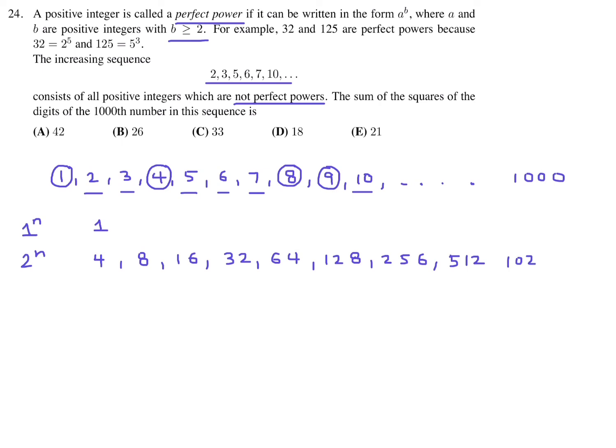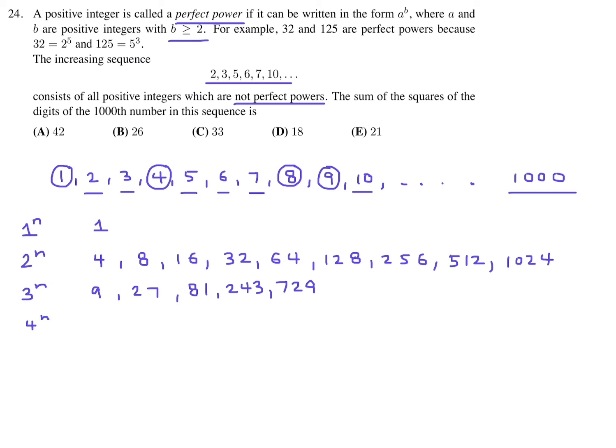I'm not going to go any higher than that because I think we just want to get up to 1,000, right? 3 to the power of n, let's see here. 9, 27, 81, 243, 729, and I think that's it. We don't need to go further than that, because if we do, it'll be much greater than 1,000.